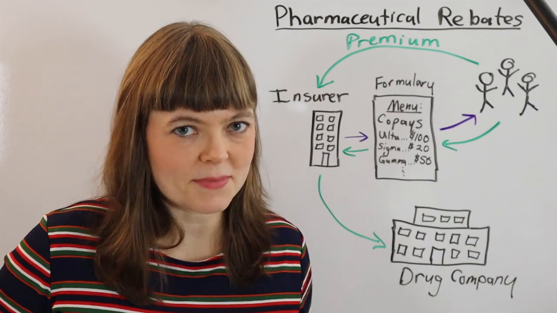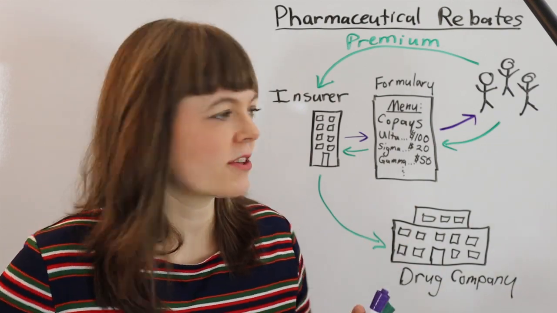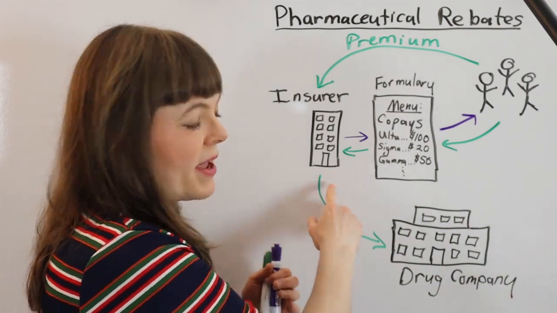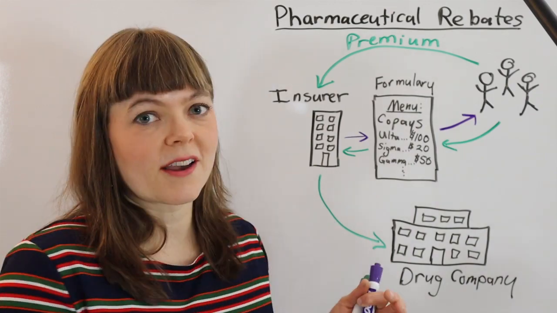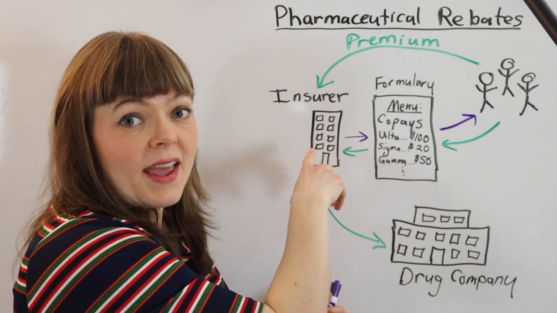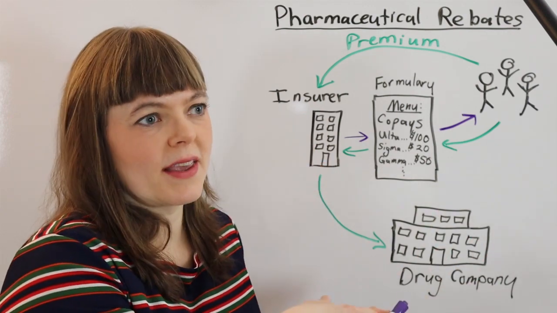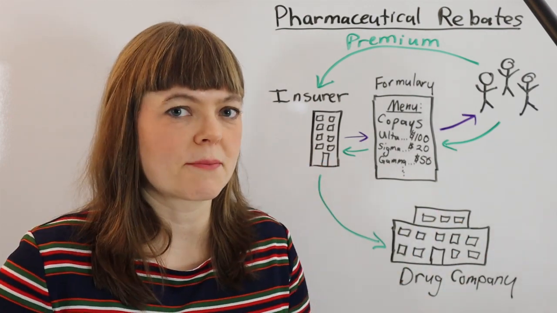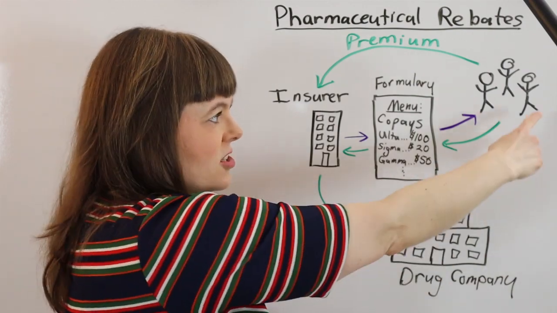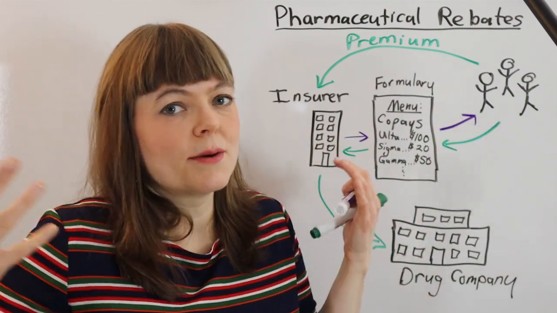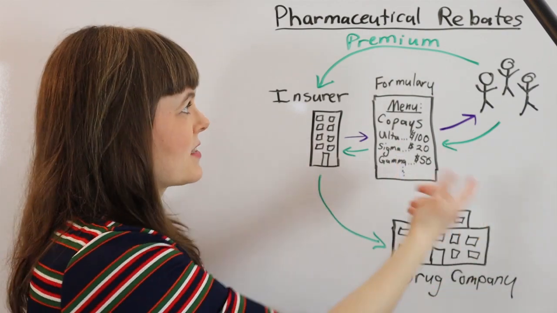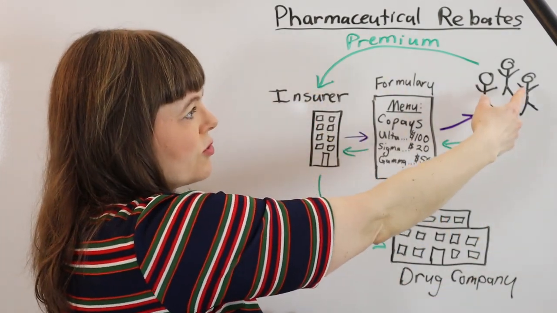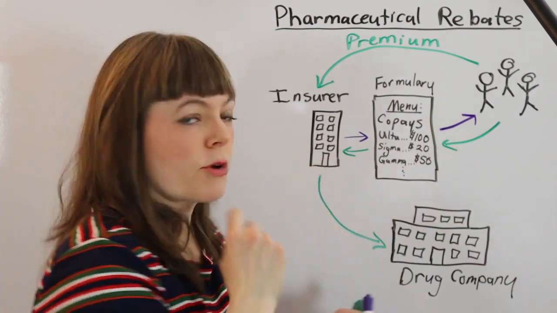Oftentimes those do the same thing, and there's not a big difference, but the insurer may have to pay like $500 or $700 for the name brand drug, whereas the insurer could pay a generic maybe $100 or $50 for the same thing. So they want to nudge the patients to choose the more cost-effective option. And of course, if they can do that in a way that's effective, that can be passed through to the people through lower premiums.